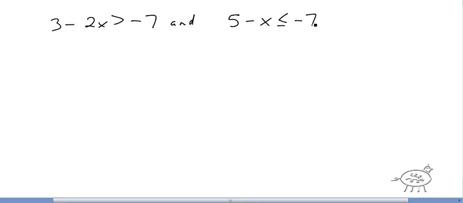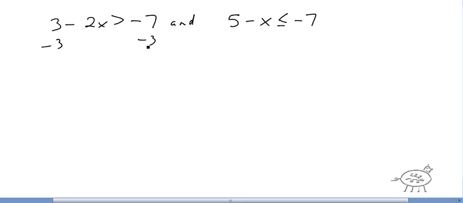All right. If I have 3 minus 2x is greater than negative 7, and 5 minus x is less than or equal to negative 7. Okay, so what's going to happen is we're going to solve it.